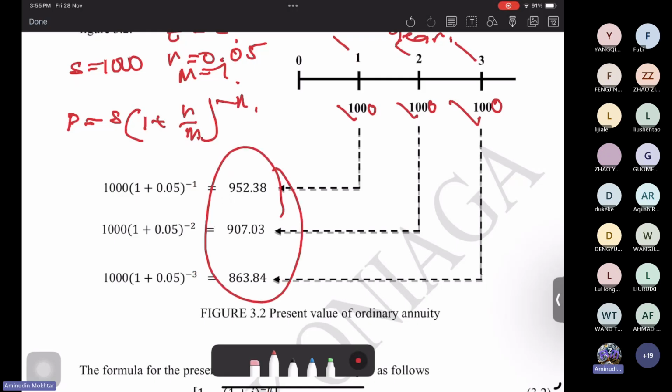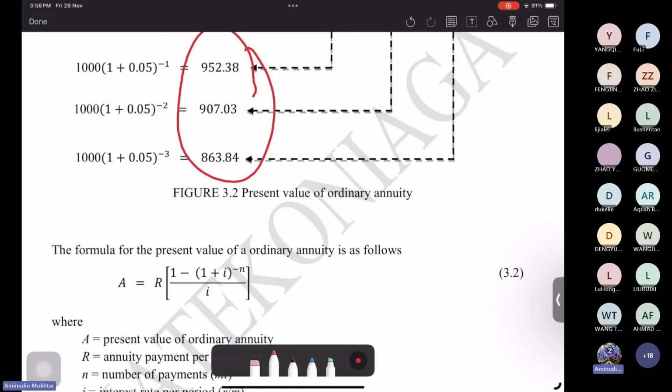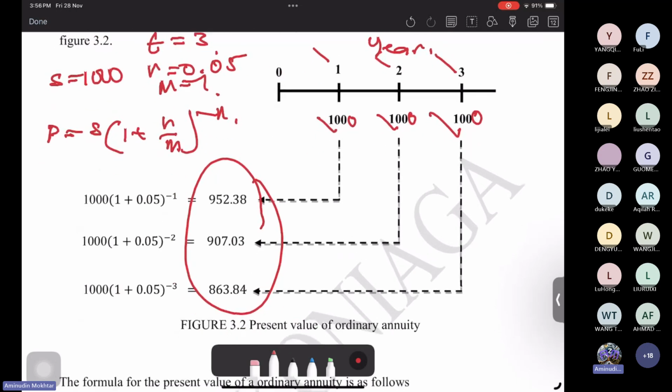Each present value represents the future value of 1,000 at a different year. If we combine these present values, we just add them up and get the summation of these numbers.